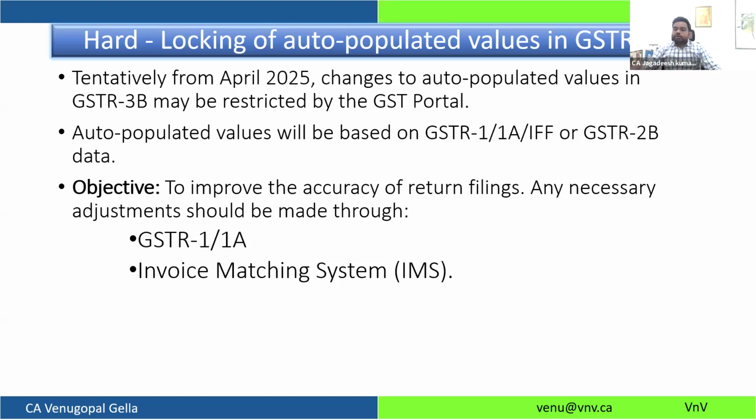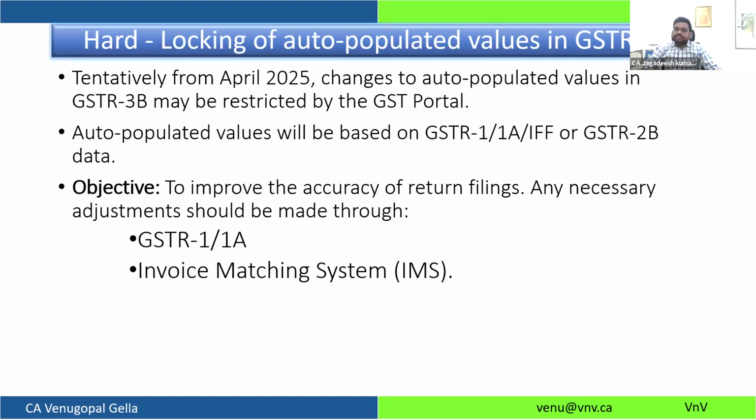Similarly, if you want to edit any of the input details from table 4 onwards, you can do it by taking action in your IMS. If you want to reduce the auto populated ITC in your 3B, then you have to reject invoices. The invoices you don't want in your 3B, you take action as rejected in your IMS. So automatically ITC will get reduced in your 3B, and based on that only you can file your 3B.